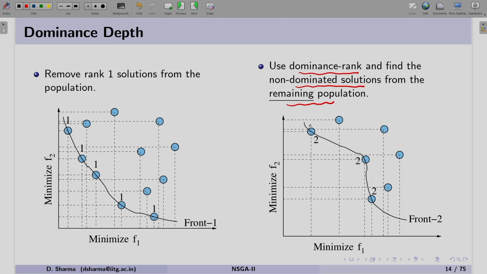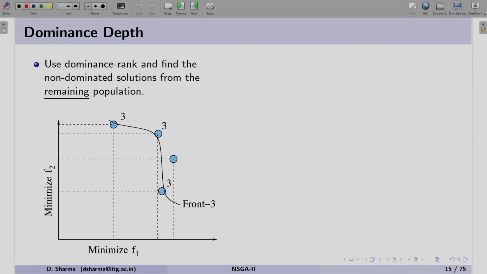There we will find the solutions where 2 is written. These solutions are non-dominated, their rank is 2, and they are copied into front 2. Similarly, we remove the solutions of rank 2 as well, and we are left with these solutions. Again, if we find the non-dominated solutions, they will be the solutions where 3 is written, having rank 3, and they are copied into front 3.